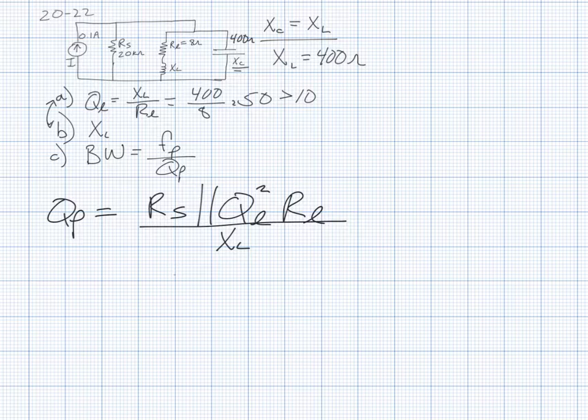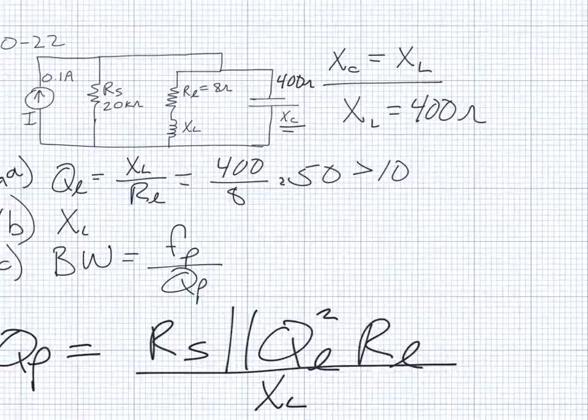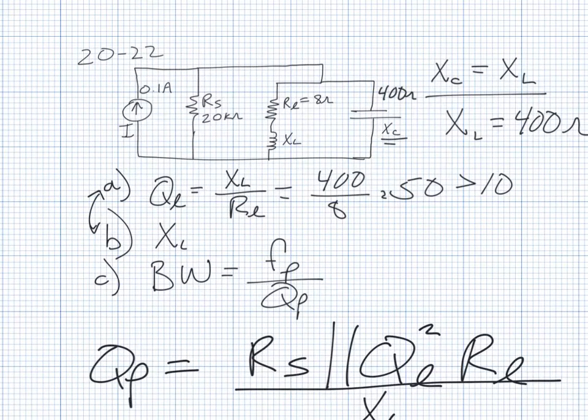Now, so again, if you go look back, I'm not redrawing the simplified parallel resonant circuits each time, but if you go back, these equations that we use are derived from when we had a simple parallel circuit. Looking at the circuit that we have here, hopefully you realize this is not a simple parallel circuit, right? You have the fact that we have the resistor of the inductor and the reactance of the inductor in parallel. You know, it creates the so-called series parallel circuit.